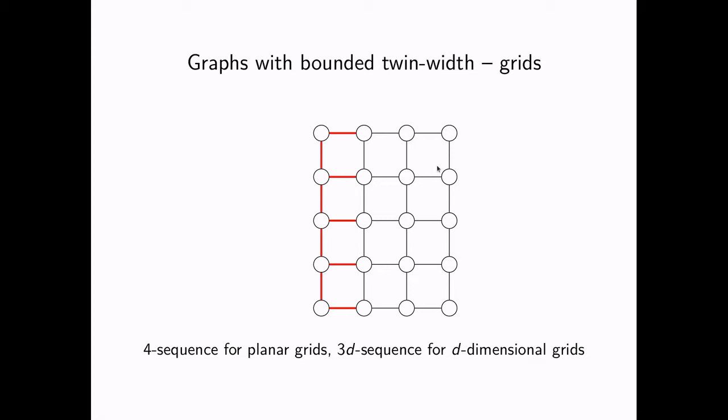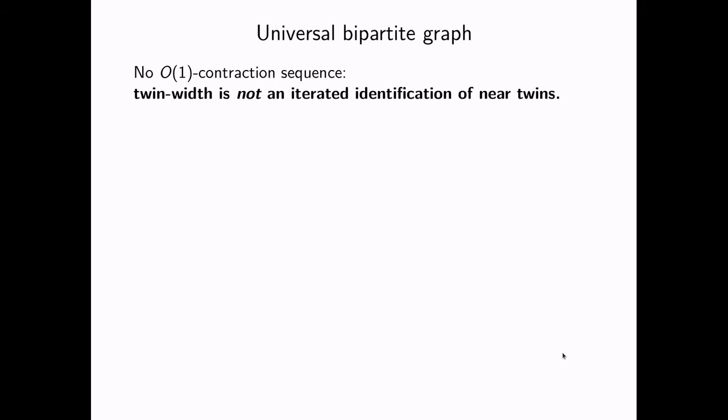And this would extend to higher dimensional grids with a dependency on the dimension for the sequence. Now I want to emphasize the fact that twin-width is really not about identifying near twins iteratively. And maybe the beginning of the talk confused you with that.